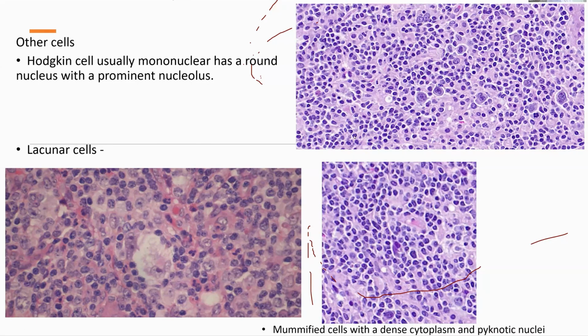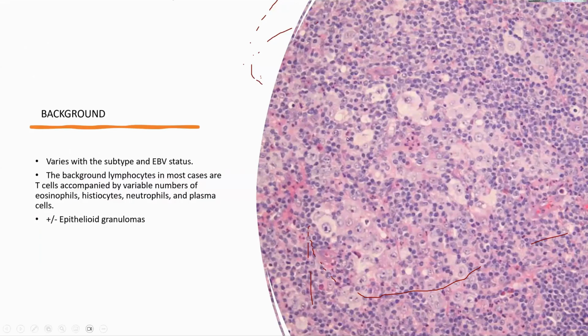And then the other component is the background. In the background, you will have a mixed population. It differs between types. Different types have different constituents of inflammatory cells, but the background is non-neoplastic.